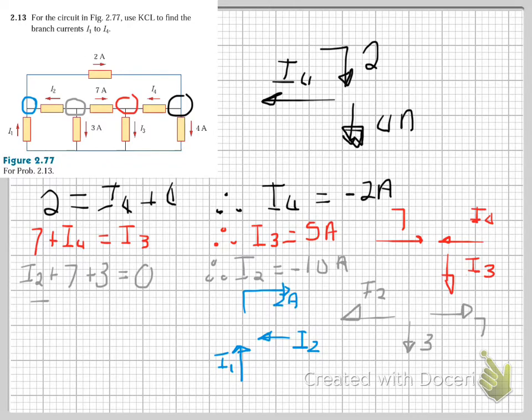So therefore, I1 plus I2, which are the ones flowing in, is equal to the 2 amps flowing out. So your I1 will be equal to 12 amps.